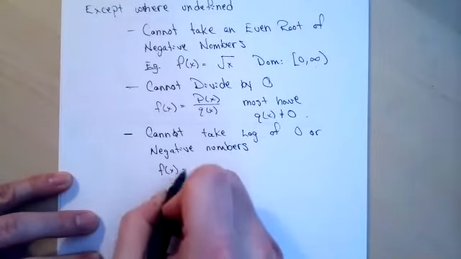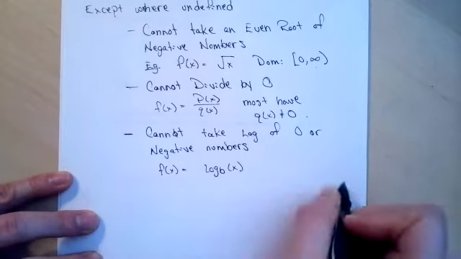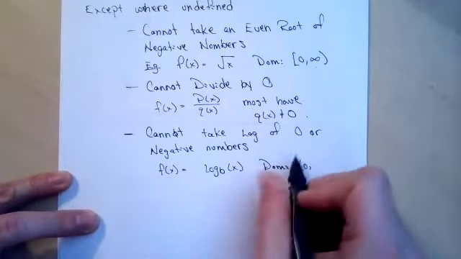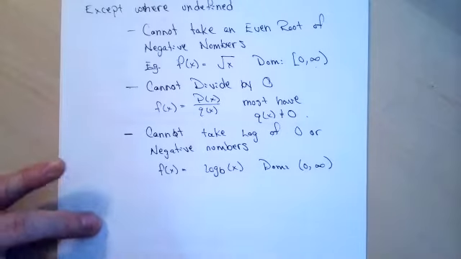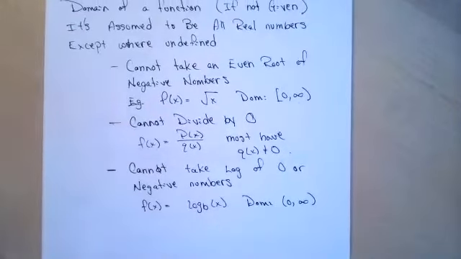So if we have f of x equals log base b of x, it doesn't matter what the base is, our domain is going to be (0, infinity). So it has to be bigger than 0. Those are essentially all of the domain restrictions that we're going to have at the moment, up until we get to inverse trig functions. Those will be restricted as well.